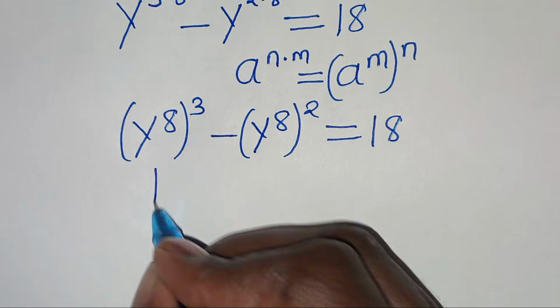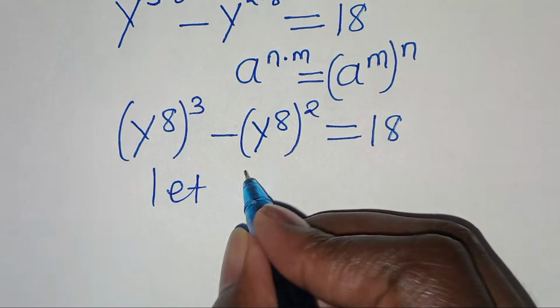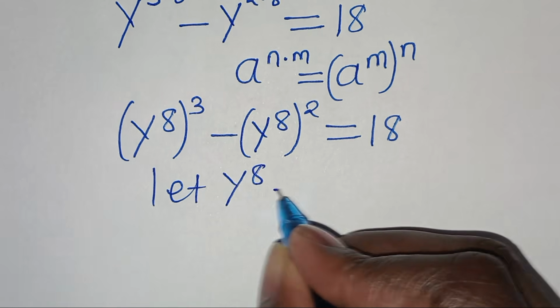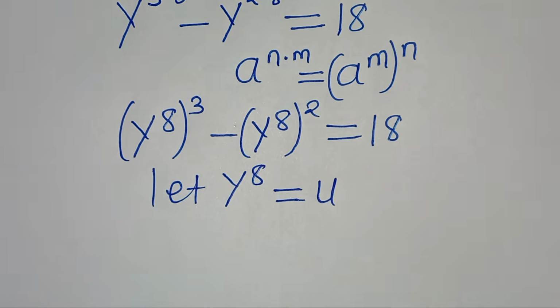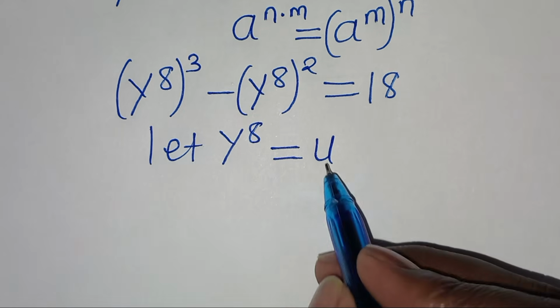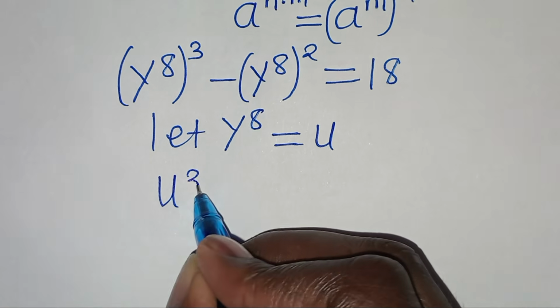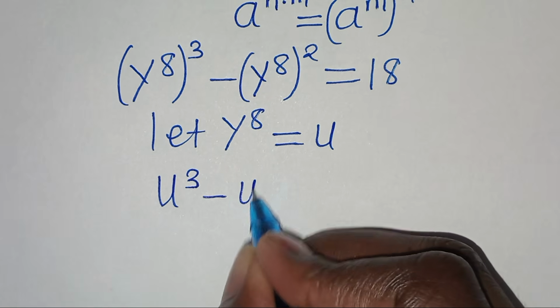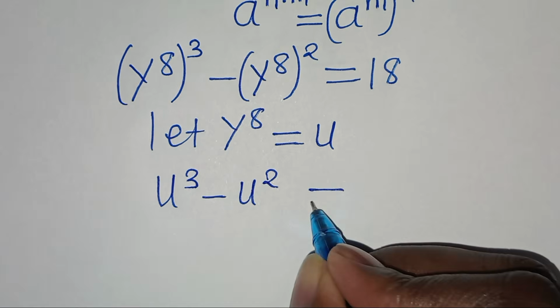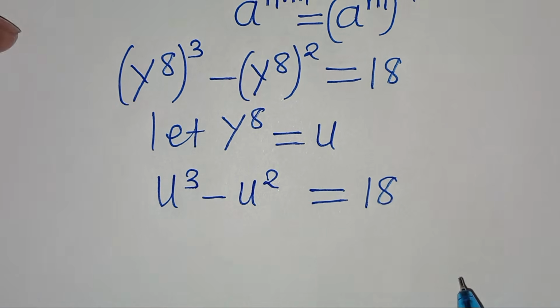The next step is that we can let y to the power of 8 be equal to u. Let's substitute u into this equation, which is u to the power of 3 minus u to the power of 2. This is equal to 18.